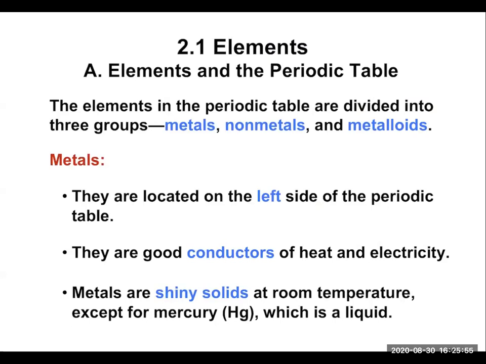They are good conductors of heat and electricity. The reason metals are good conductors is because they like to get oxidized. What does that mean? It means that they like to give electrons.